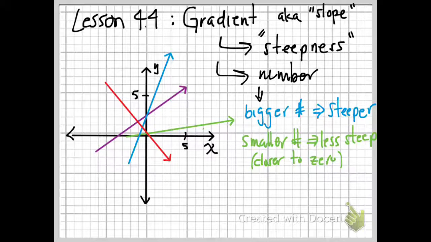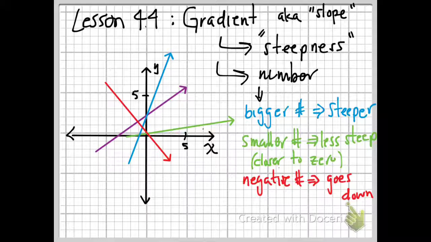That might seem obvious, but it can get a little tricky sometimes. So the number 2 is obviously closer to 0 than the number 5, say. Just keep that in mind. We'll come back to that, especially when we start talking about negative numbers, and that's where that smaller number issue gets a little tricky.